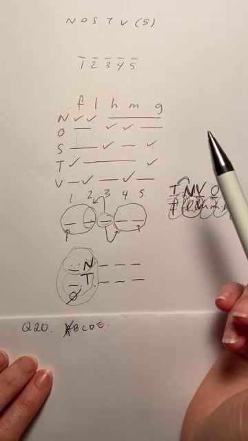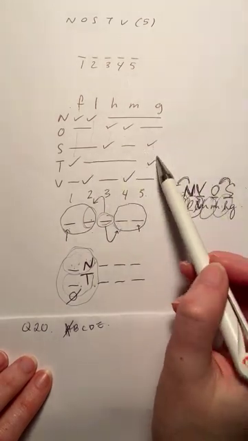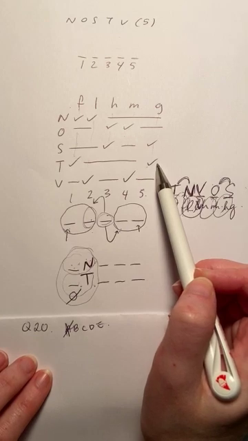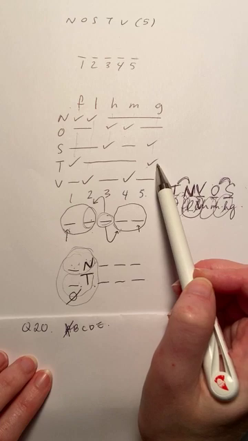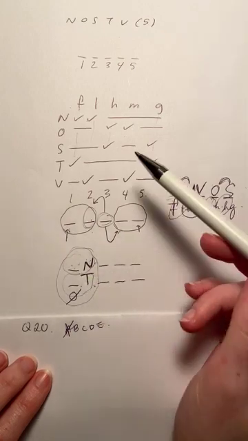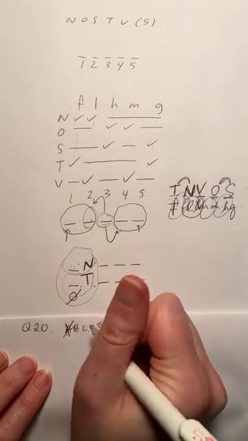So do S and T have something in common? Yes, they do. Do T and O have something in common? They do not. Do O and N have something in common? They do not. So putting O in the middle like that between T and N is not going to work out.